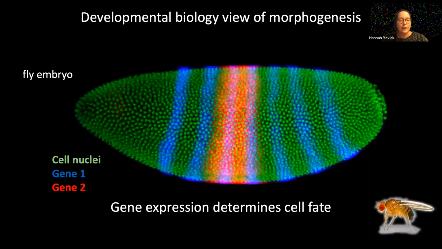Cell nuclei are in green, and two gene patterns being expressed are shown in blue and red. It's not really important what these genes are doing here, but I want to show that there are precise patterns of gene expression in an embryo that can relay positional information to specific cells to tell them what structures to go on and form.